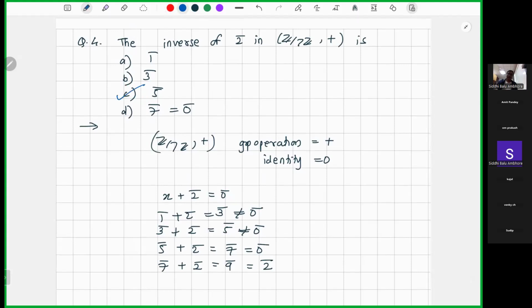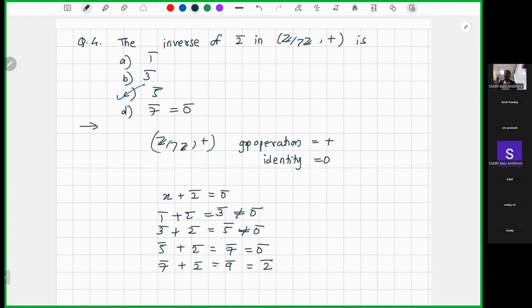And understand that the inverse in a group is unique. So if 5 bar is the inverse of 2 bar, then 5 bar is the only inverse of 2 bar. So in the exam, if you are asked to find an inverse and you find one element, that is enough. Even in an MSQ, they might ask to find an inverse.